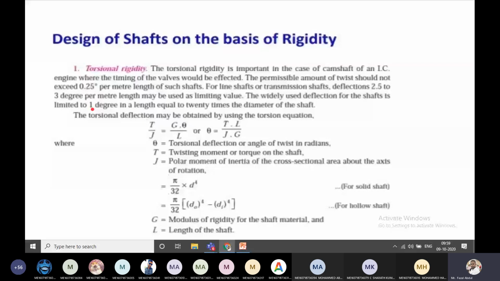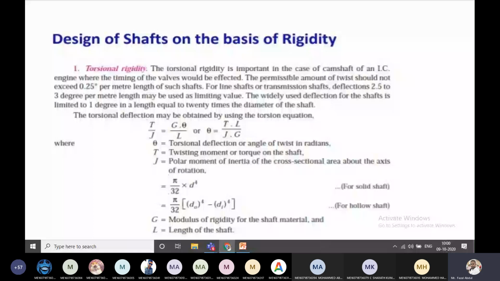What is the use of the camshaft? The camshaft operates the engine valves for the intake stroke and the exhaust stroke. In a four-stroke engine, at what time a valve opens, at what time it closes, and at what time it opens again for the exhaust stroke, all take place with the help of the camshaft.